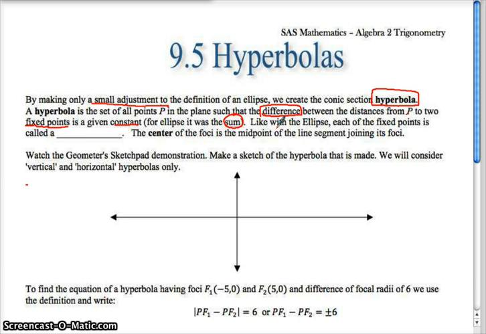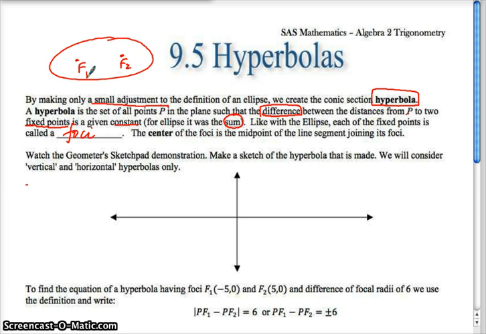So what do we call those two fixed points? Well, like an ellipse, like a parabola, that fixed point is singular, it's a focus. In an ellipse, it is double its foci, just as it is in a hyperbola. In an ellipse, if you recall, your foci are on the inside of the figure.